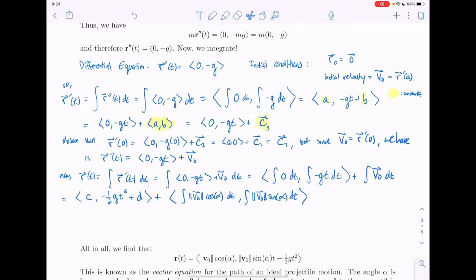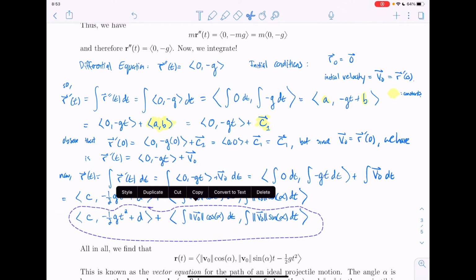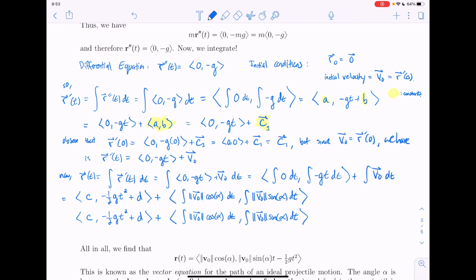So if I steal this line, what I'm going to get at the end of the day is that the integral symbols will go away. I will get a t plus its own constant, call it e. I'll get this with a t plus its own constant, call it f.